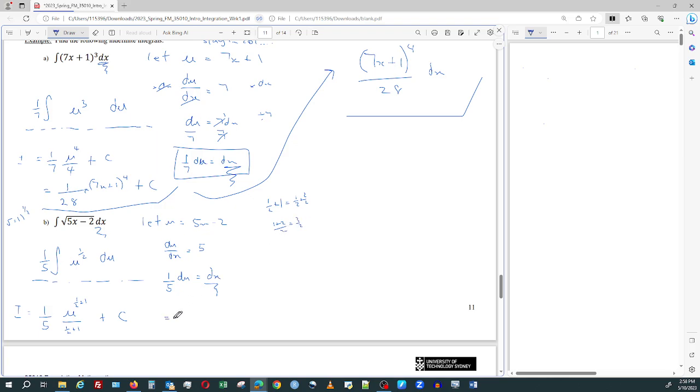So we end up with 1 on 5 u to the 3 on 2, divided by 3 on 2, plus c, which equals 1/5 u to the 3 on 2 times 2 on 3 plus c, and so finally we get 2/15.